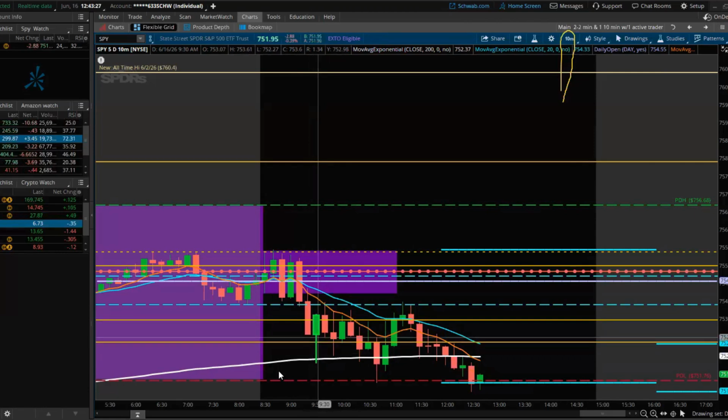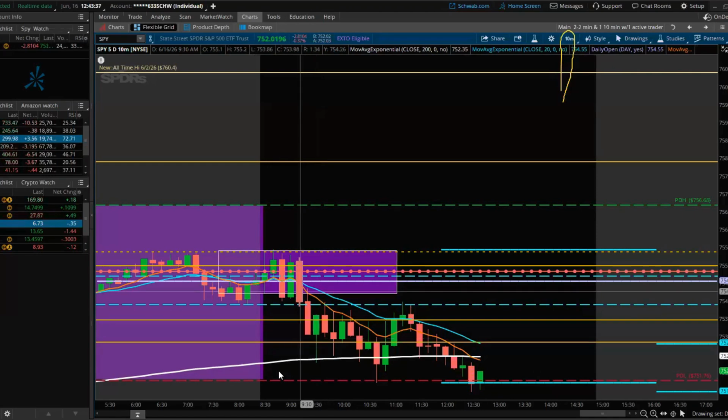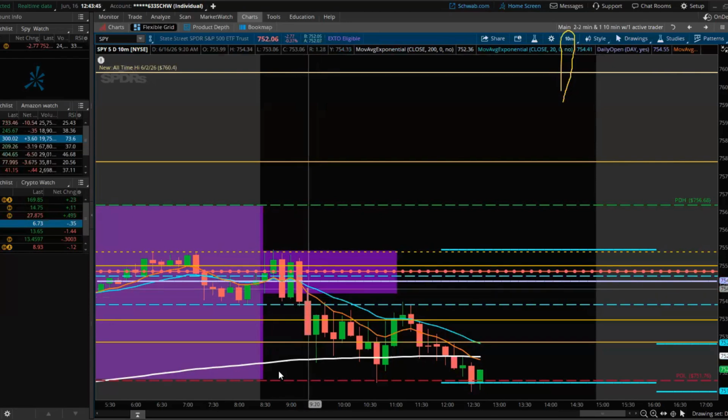I had to sit around and watch the markets until 9:22. So I sat around for about 45 minutes. It hit and made the mark I was looking for. I was looking for the drop below these moving averages, and when it did that, that's when I took my put and rode it down to profits.